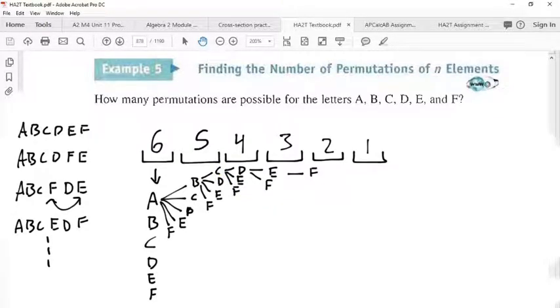This is called the counting principle. And what we're specifically doing with the counting principle is called a permutation. So what do you get when you multiply all these together? You get 720. There's 720 different outcomes for ordering this. And that is the same as 6 factorial.